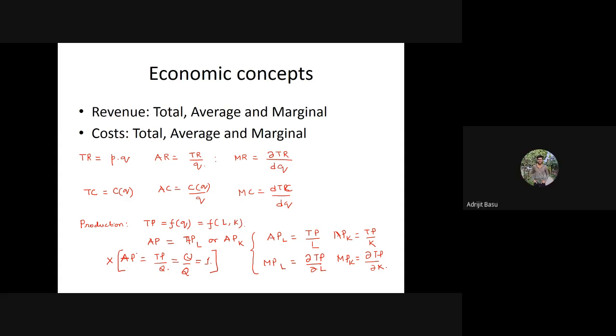Sir, one thing. Average product: if we try to calculate the average product in terms of the entire production, then it will always be 1, sir, because you showed it, Q by Q is 1. But when we are doing this in terms of labor, are we dividing the total product per unit labor hour, or whatever be the unit of labor?